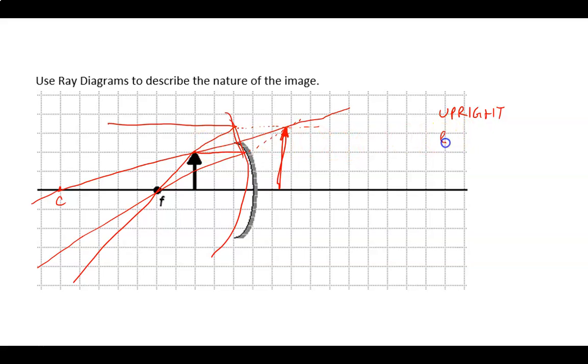It is enlarged because it's bigger, and it is virtual because the light rays really did not actually meet there. And so we call this a virtual image. Could not be actually photographed there.